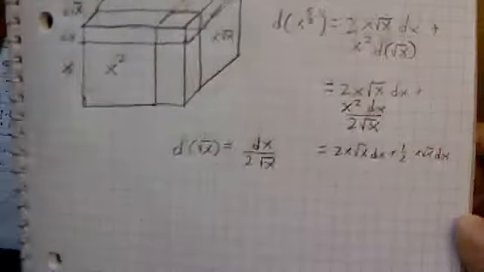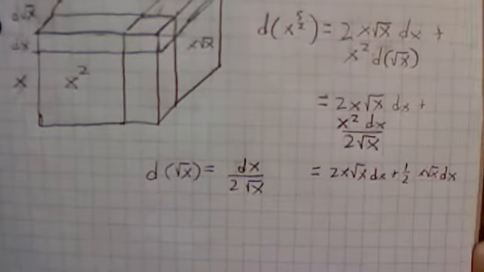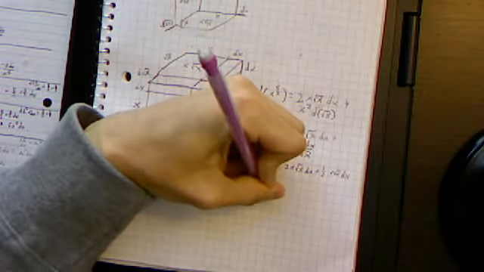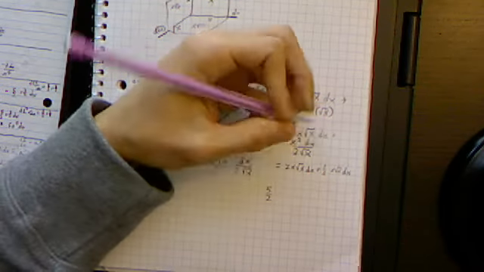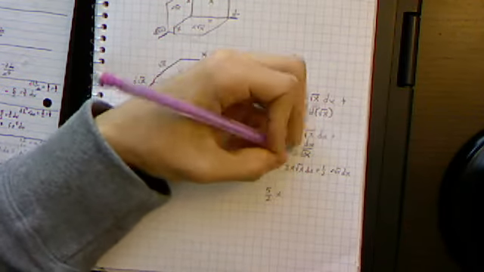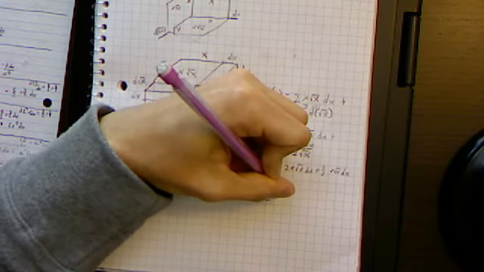You can do the math later if you want to, and when you add those two up, you magically get the coefficient that you were expecting if you already knew how to do this, which is 5 halves x to the 3 halves.